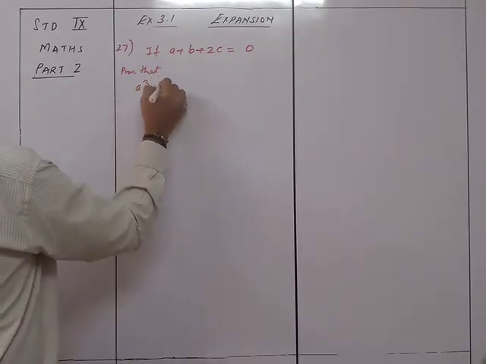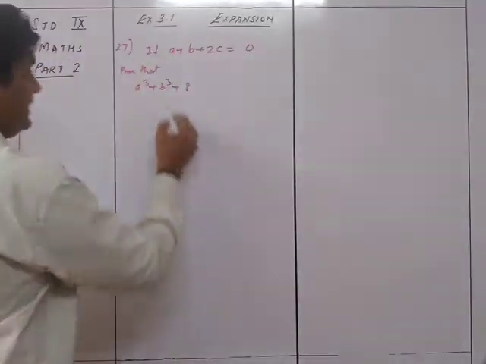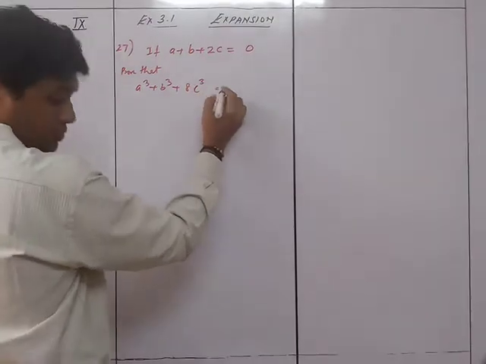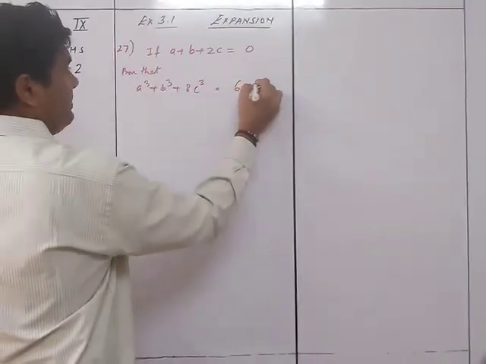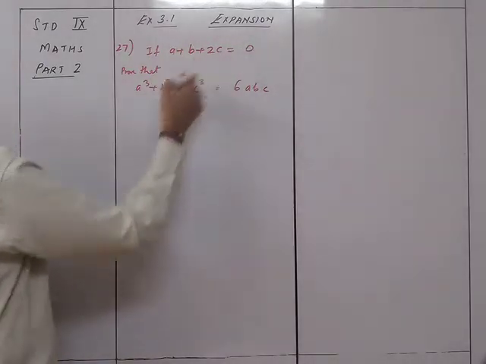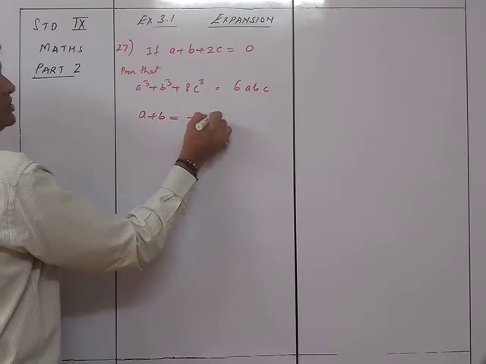a cube plus b cube plus 8c cube is equal to 6abc. So what we'll do is, if we are given this, we'll write over here a plus b is equal to minus 2c.